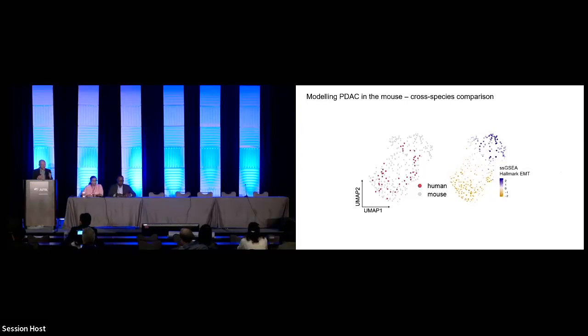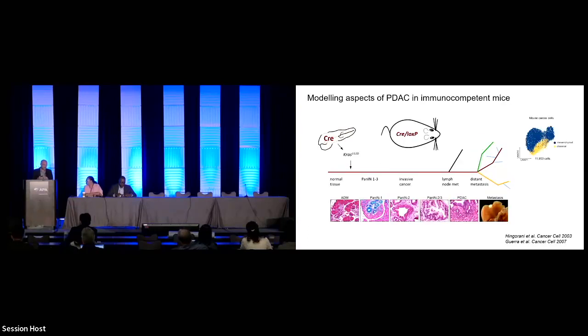And you can see that the mouse space covers the human space, but it's larger, and especially these very advanced stages, so these undifferentiated stages, which are indicated in blue by this hallmark EMT score, are missing in the human data set, so to say. And that's very nicely shown by our mouse model.